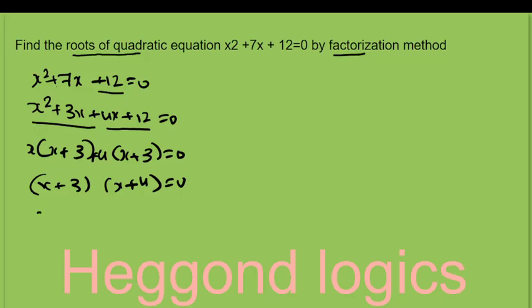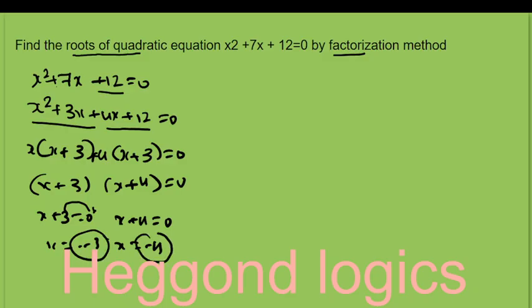Now take x plus 3 is equal to 0 and x plus 4 is equal to 0. After transferring the 3 to the right side, x is equal to minus 3, and in the same way x is equal to minus 4. Now the roots of the quadratic equation are minus 3 and minus 4.